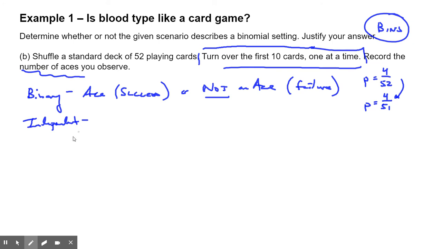They are not independent, because the cards are not replaced. If each card was replaced, and we shuffled and dealt again, this could be binomial. But because the cards are not replaced, these events are not independent.